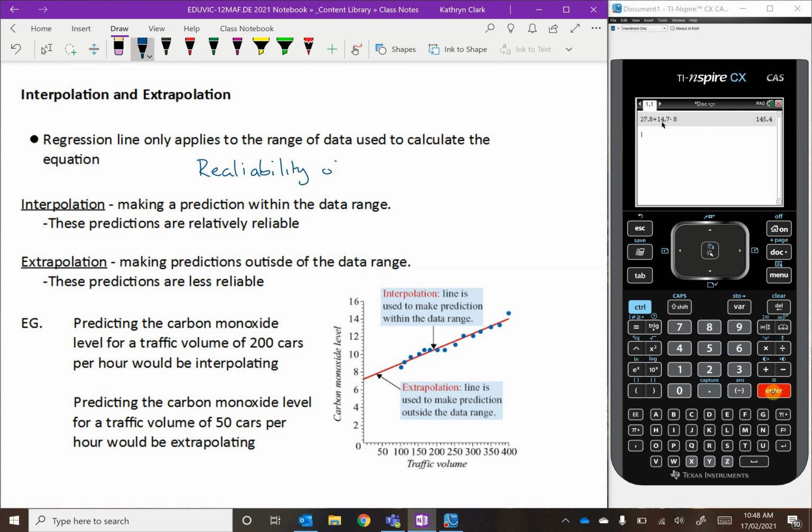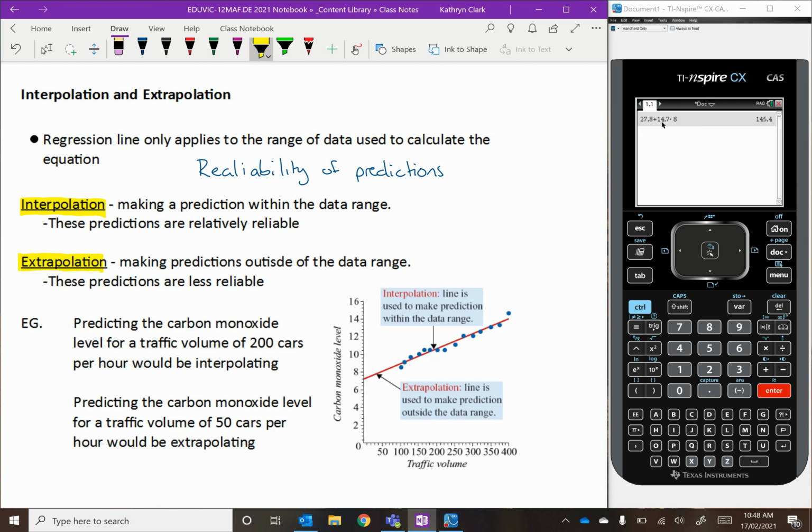If we see any kind of question that asks about how reliable something is, it's asking us to tell whether we're interpolating, which is where we make a prediction that is inside our data range, or extrapolating. Interpolation predictions are reliable, whereas extrapolation is predictions that are outside the data range, and those predictions are less reliable.